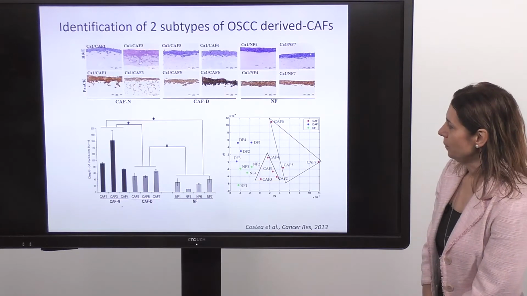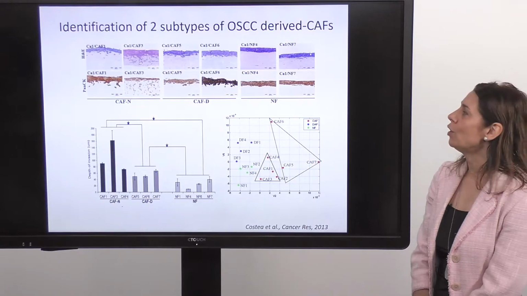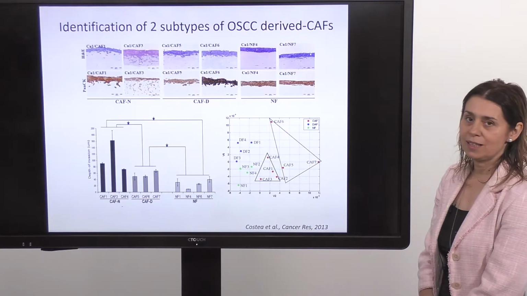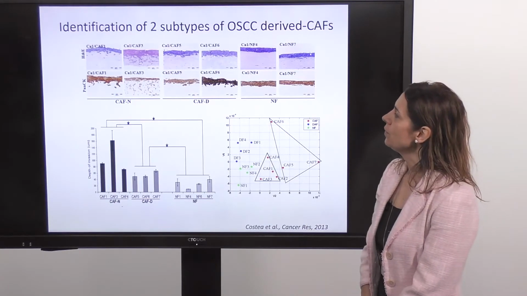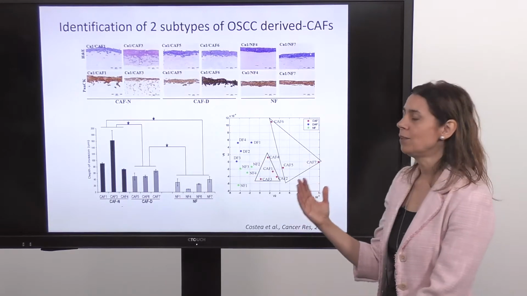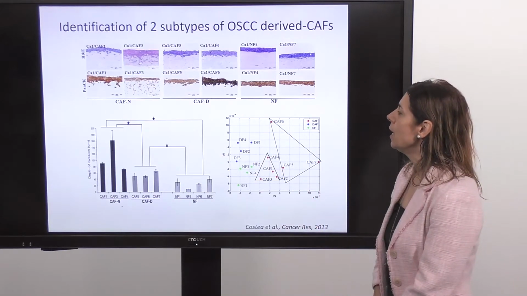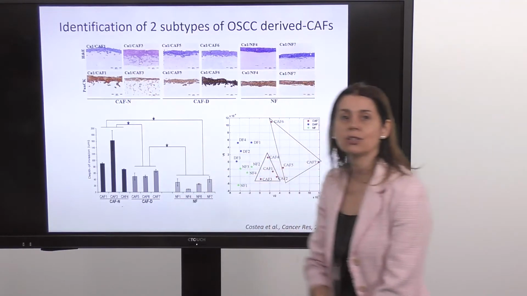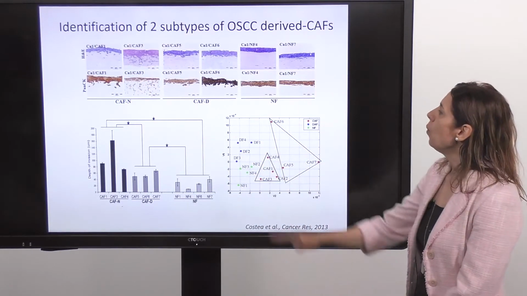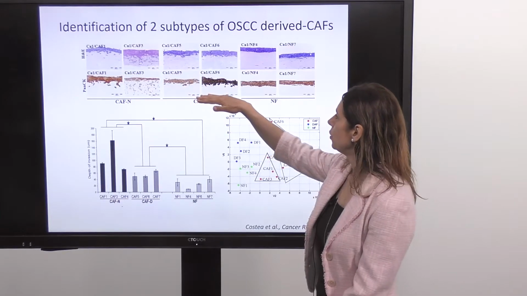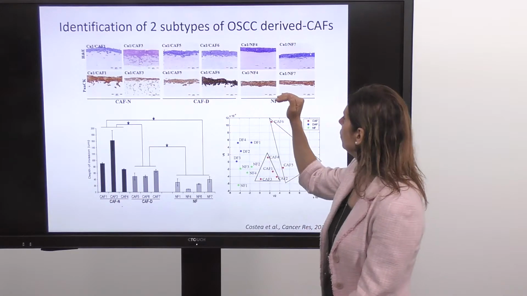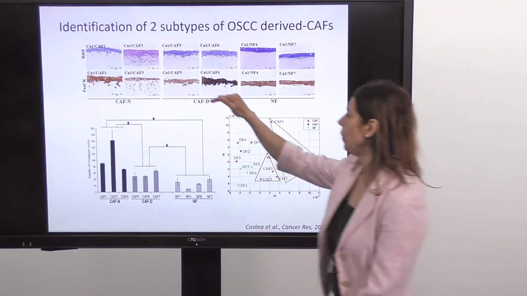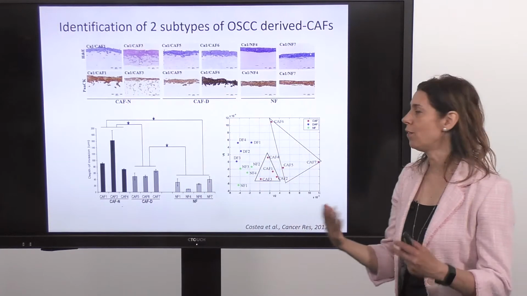So here, what we have observed when we cultured in tissue fibroblasts isolated from cancer patients with different cell lines, we have observed a difference in the pattern of invasion. Some fibroblasts would support a very deep invasion in these 3D organotypic cultures, while some will support some invasion much deeper than with normal fibroblasts, but not as deep as with the other one. So it was a variation.